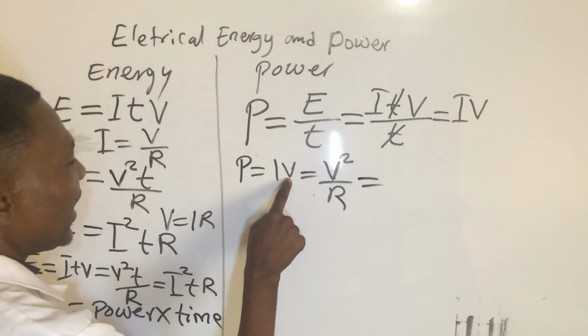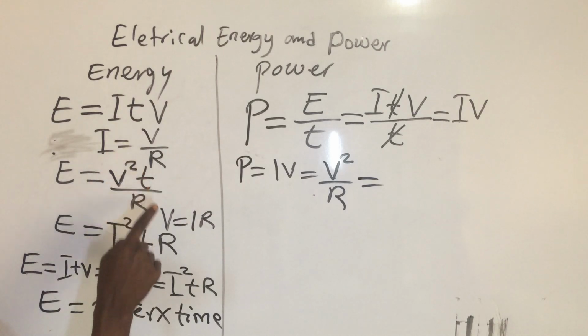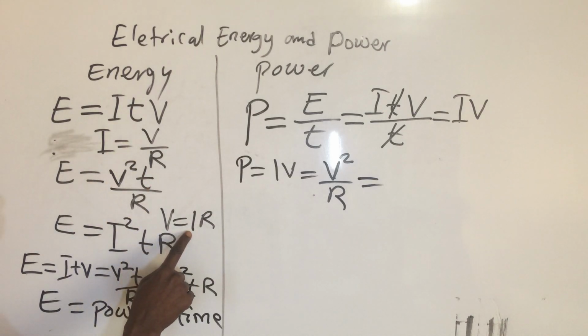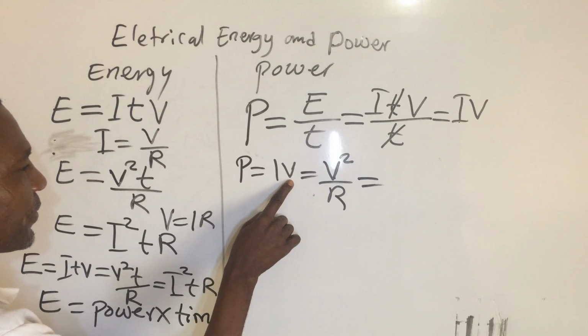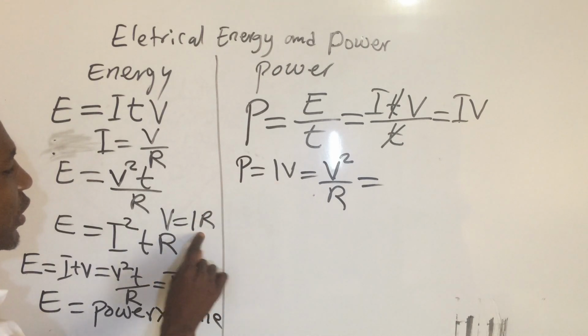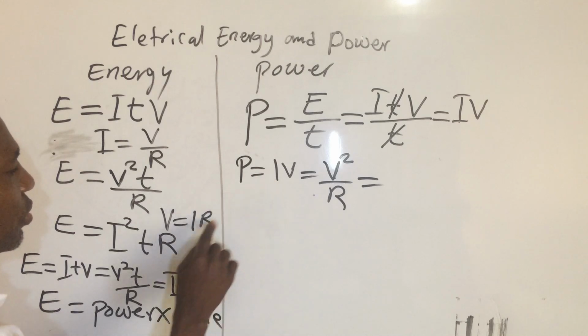And the same thing, voltage has its own formula, which is voltage equals current times resistance. We now remove it, okay, and put this. And if we put this, we now have double current.